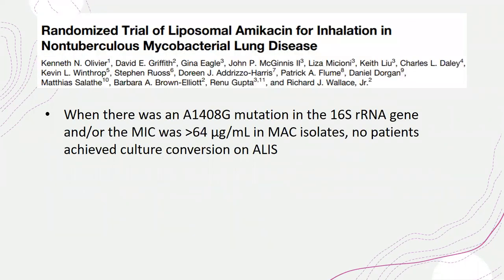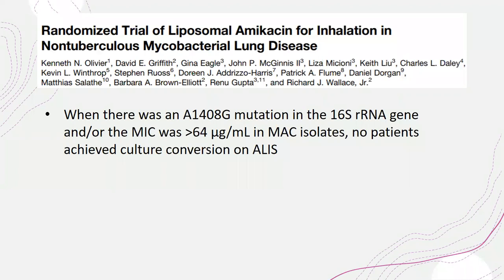Looking at outcomes, there were recent phase 2 and 3 clinical trials evaluating the efficacy of inhaled liposomal amikacin in patients with refractory Mycobacterium abscessus or Mycobacterium avium complex. The big gist of the slide here is that if these patients were found to have that 16S RNA mutation, or their MIC was more than 64, none of those patients achieved culture conversion in this treatment regimen.